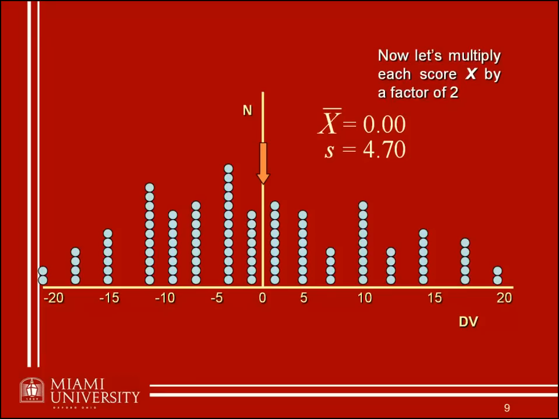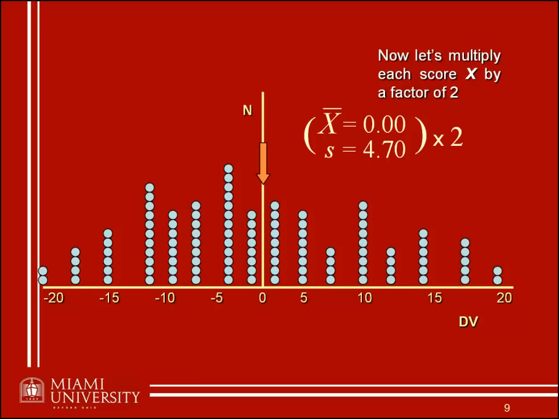Now it's hard to see here what impact this has had on the mean, because with the mean of 0, of course 0 multiplied by 2 is still just going to be 0. But as we know, a multiplication transformation does affect the mean by the same factor that it affects each of those individual scores. So in essence here, the mean has been multiplied by 2. The standard deviation is also going to be multiplied by 2, because we know that multiplication and division affect both the mean and the standard deviation.